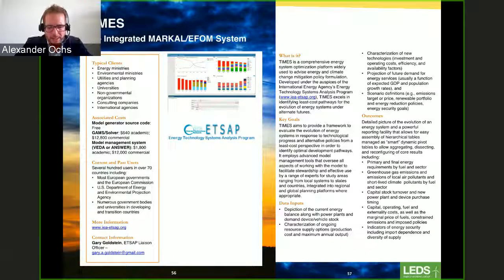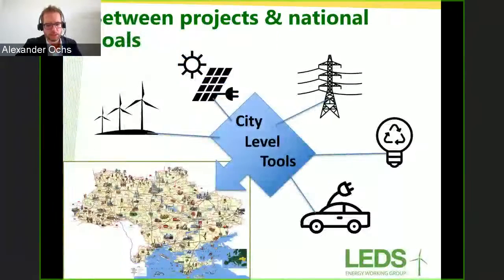The goal is then to identify optimal development pathways for your municipality or for your entity of decision making. It has been used for investigations in the Basilicata region in Italy, and also in the city of Uppsala in Sweden. Okay, I'm going to finish with the tools here.